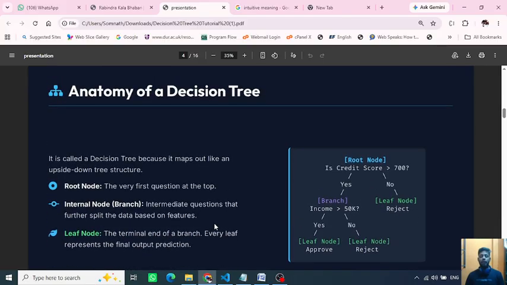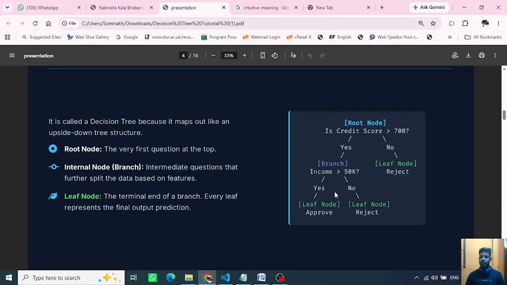Now let's explain the node and leaf of this tree. What is a node? First, why is it called a decision tree? Because it maps out like an upside down tree structure, right? There is a root node present. The top node is the root node, which holds the first question at the top.